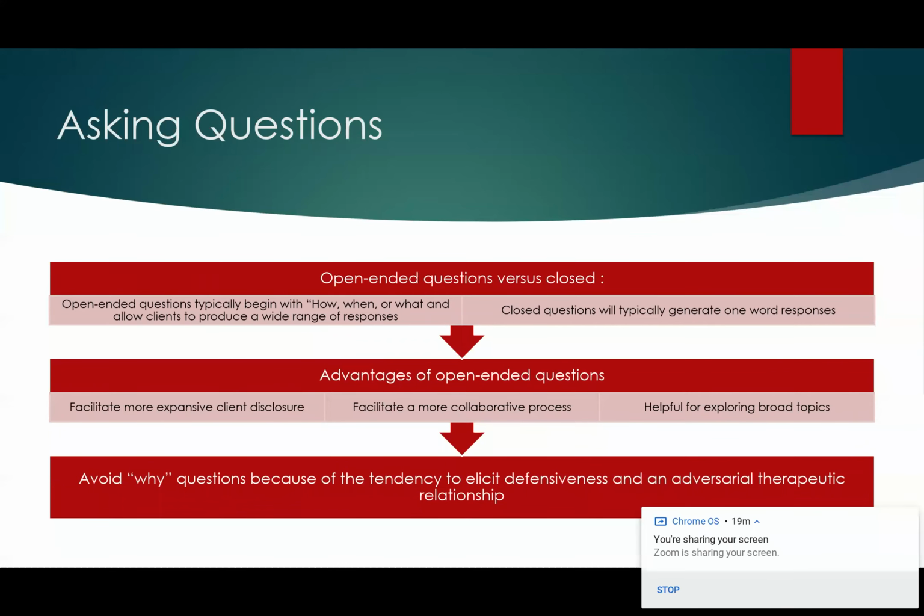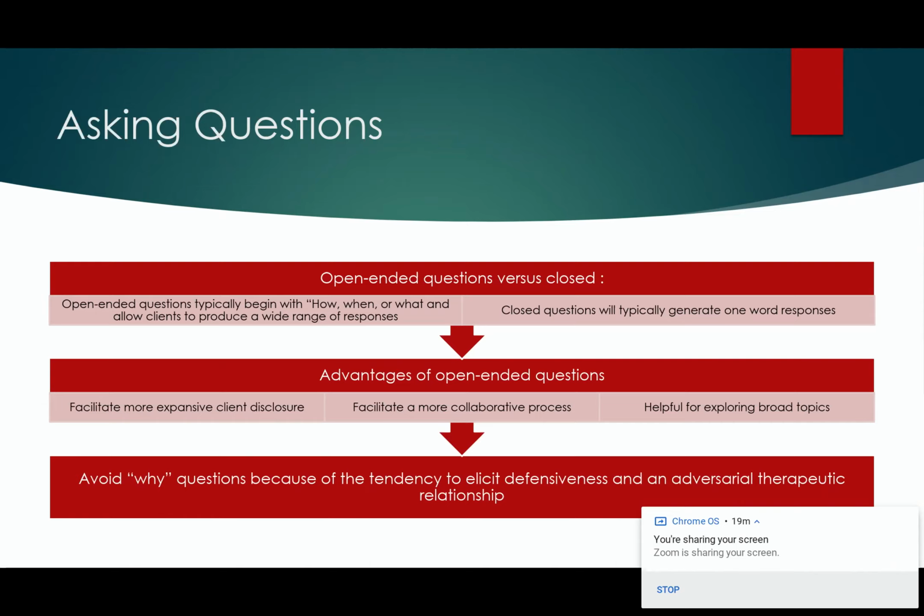And moving on, asking questions. When we ask closed-ended questions, questions that typically are answered by yes or no, it's hard for us to get an accurate description of the problem. So we want to make sure that we're asking open-ended questions that will lead to broader responses so that we can better conceptualize or understand the patient's problems.